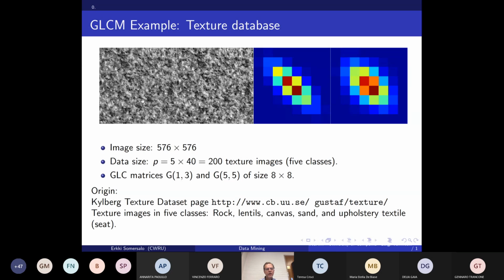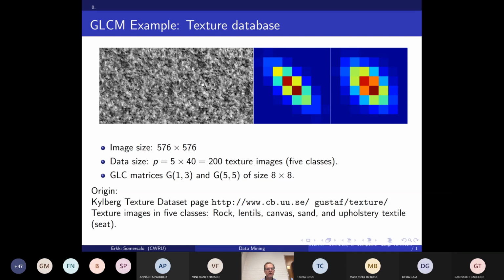So 1, 3 means I move 1 down and 3 to the right, and 5, 5 means that I'm moving 5 down and 5 to the right. You see that these co-occurrence matrices are somewhat different because they are sensitive to the granularity and the detail size in the texture. So when I change the offset, I get different co-occurrence matrices.